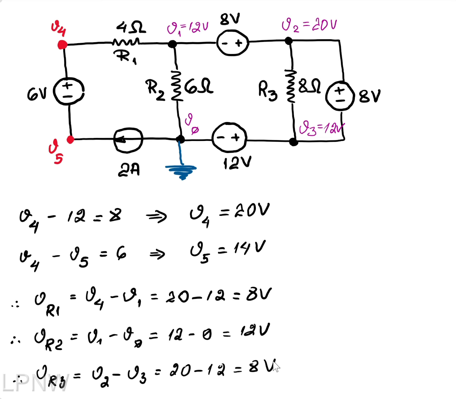Now the calculation becomes very easy because I know the voltages and the values of the resistances. R1 was given as 4 ohms, R2 as 6 ohms, and R3 as 8 ohms.